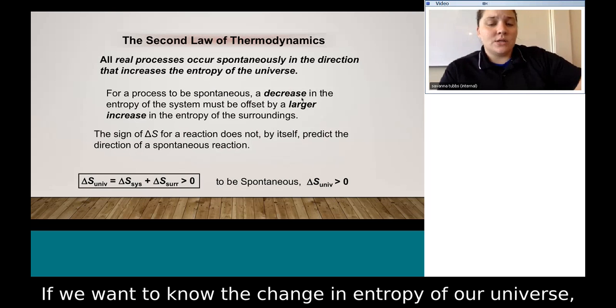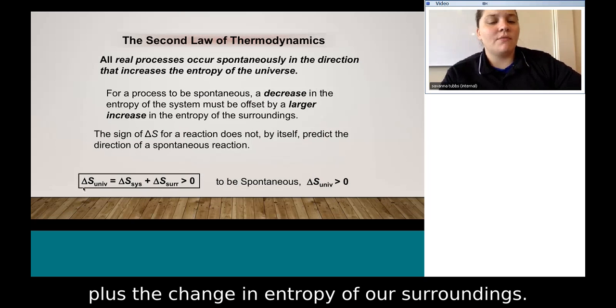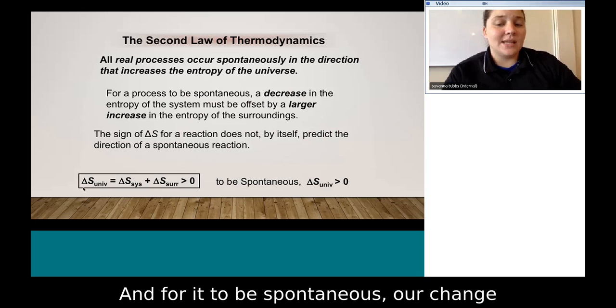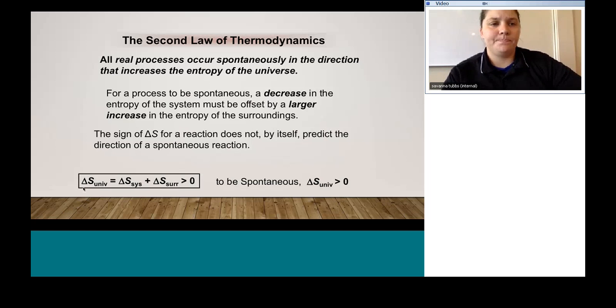If we want to know the change in entropy of our universe, we have the change in entropy of our system plus the change in entropy of our surroundings. And for it to be spontaneous, our change in entropy of the universe has to be greater than 0.